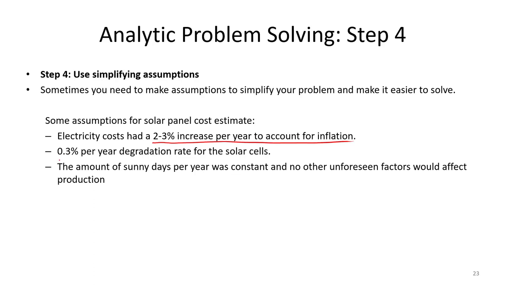We also assume a constant degradation rate as a solar cell ages. And notice that we also need to assume that the amount of sunny days per year remains constant. Because in order to make a cost estimate, we have to be able to make an educated guess about how much power each solar panel would generate.